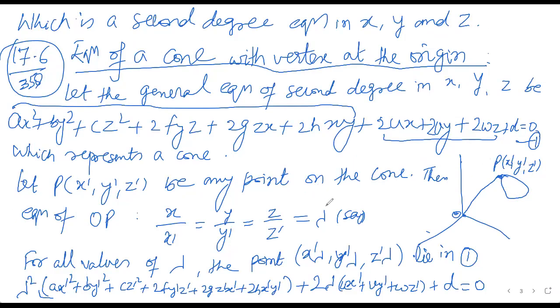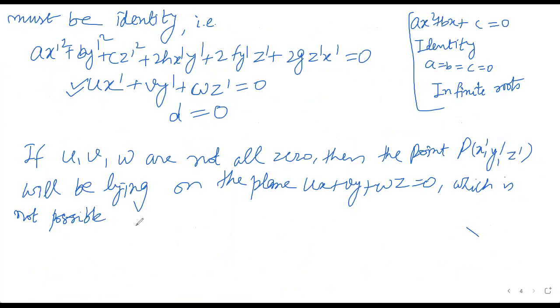So this point is lying on the generator. So this must be 0. So u v w must be 0 and d must be 0. D is 0 here.